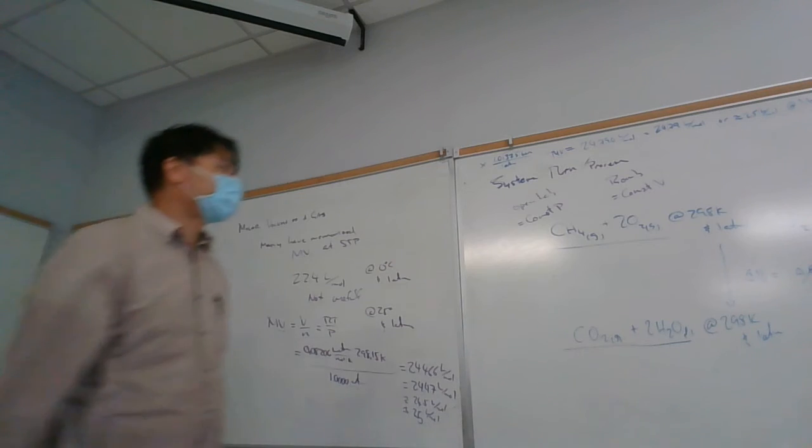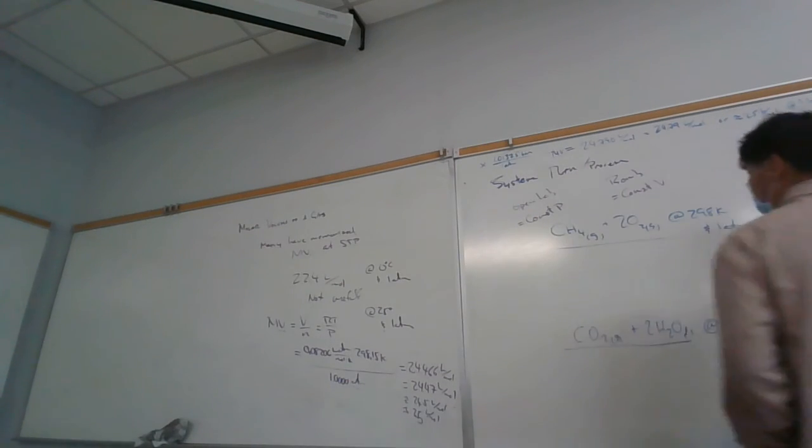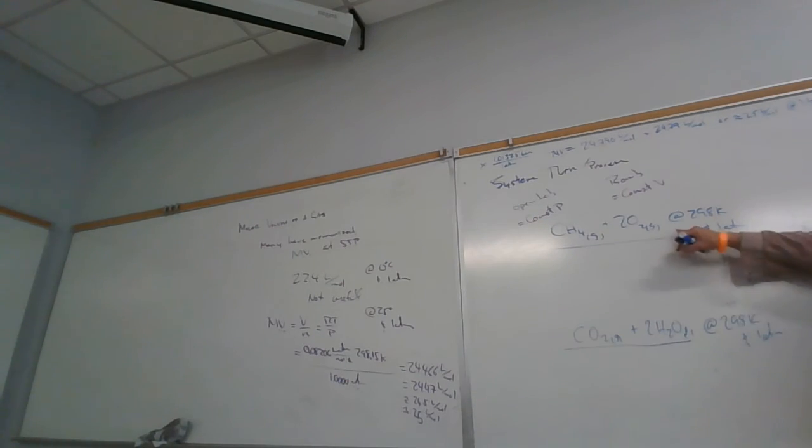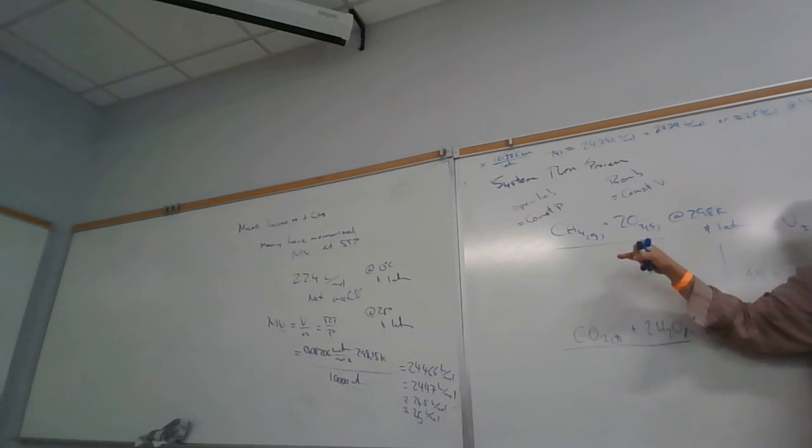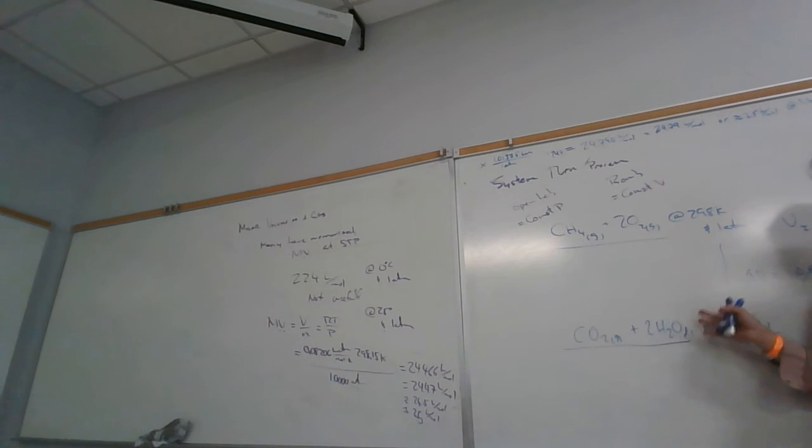So anyway, let's go back to this reaction here. This is our system. Our system is a reaction, this combustion of methane. After the combustion's over, everything else that's left over is the surroundings.